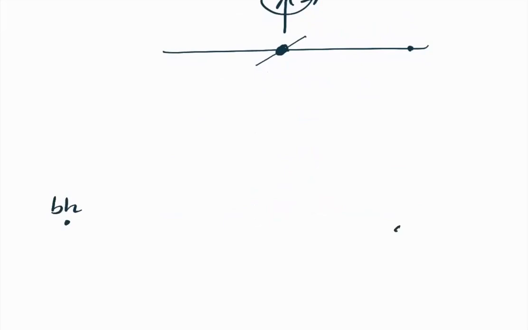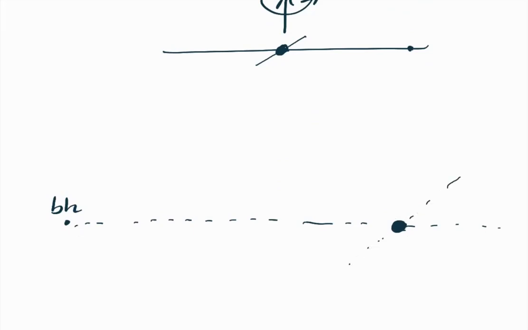Now, this means the following. If the small black hole is here, and the supermassive black hole is here, and this is the initial plane of the orbit, after some time the plane of the orbit will have changed very close to the supermassive black hole, so that it will look like this.